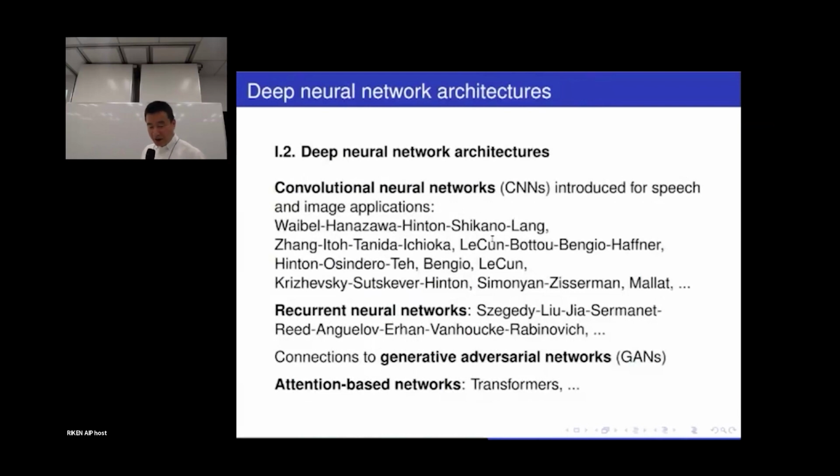The first family of deep neural networks used in practice is convolutional neural networks, induced by convolutions. It has been applied in speech recognition, computer vision, and some other areas. Then there are recurrent neural networks, GANs, and these days transformers and some others.